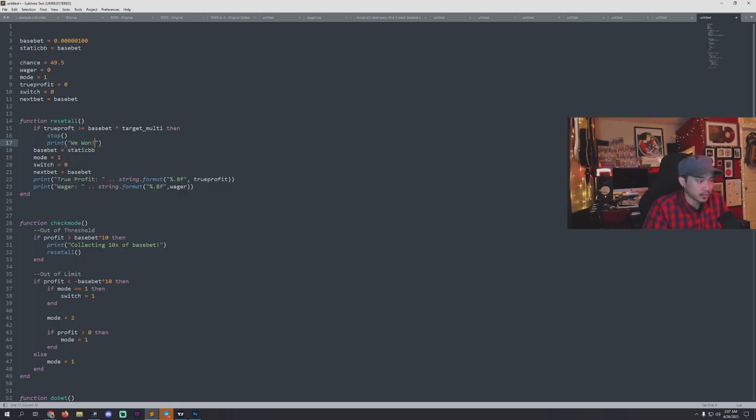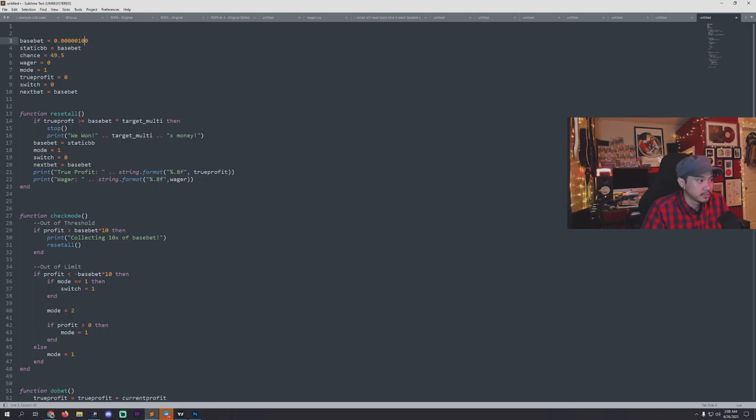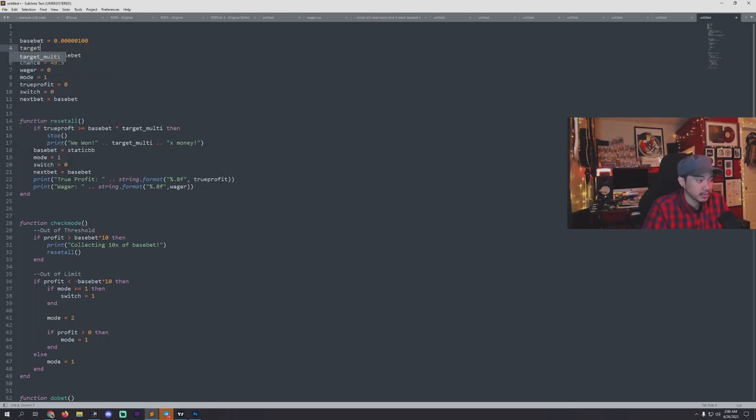We won, and then I'll print whatever the target multiple is, target multiple X money, right? So here we will define target multiple. Target multi equals 10.